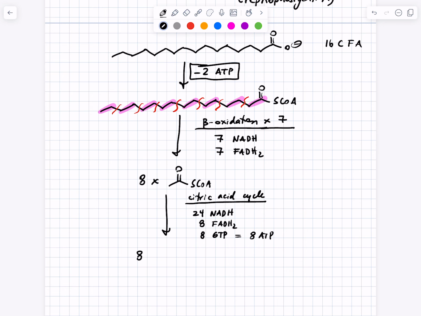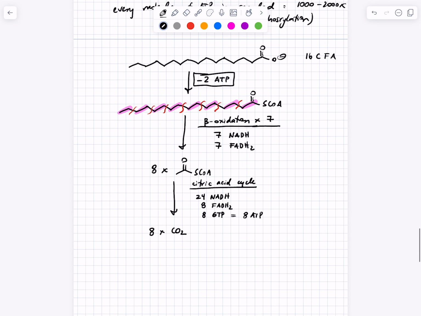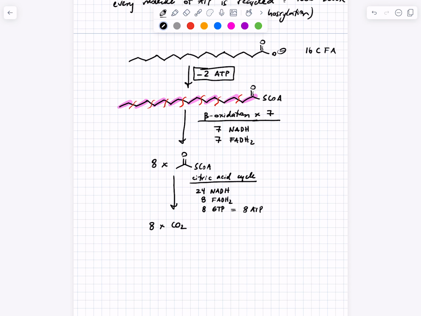So, and that's going to generate 8 molecules of CO2, and then let's figure out the exchange of all of those NADHs and FADH2s for ATP in the electron transport chain. So we get 8 ATPs out from GTP, but we were down 2 to begin with. So our first subtotal is 6 ATPs.